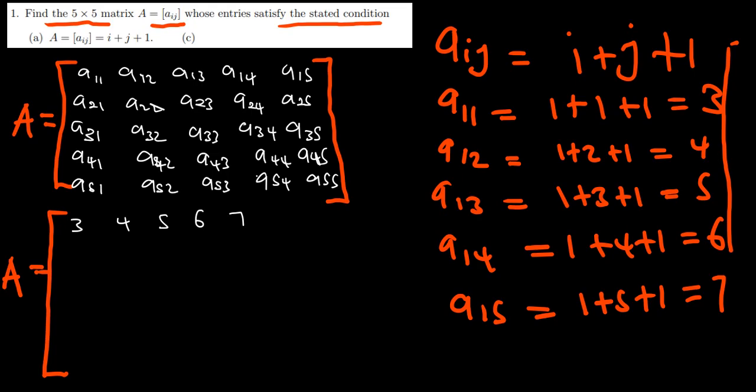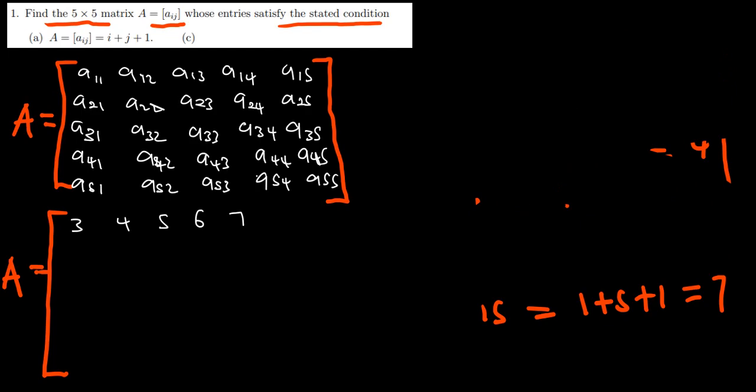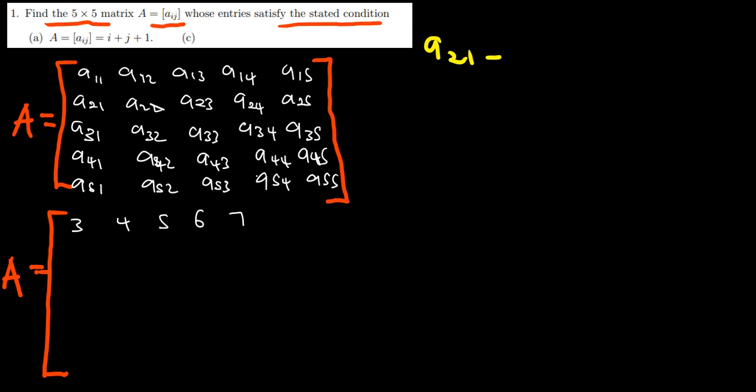Now let's try to find the entries in the first column. We already have the entry for A11. Now we find A21.